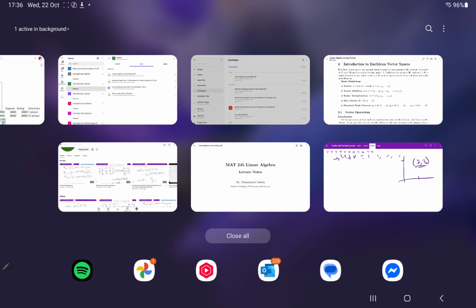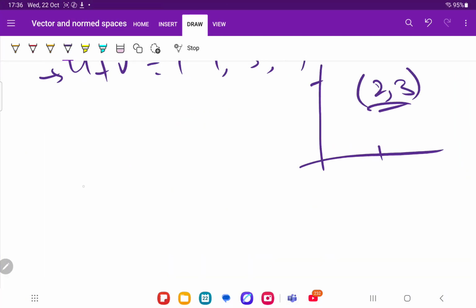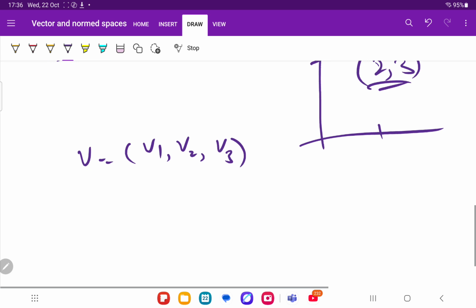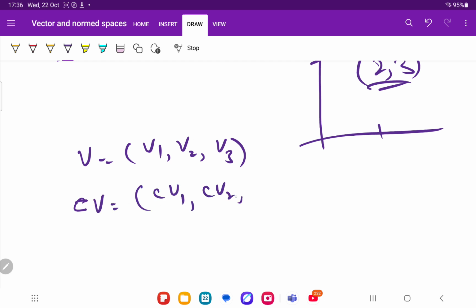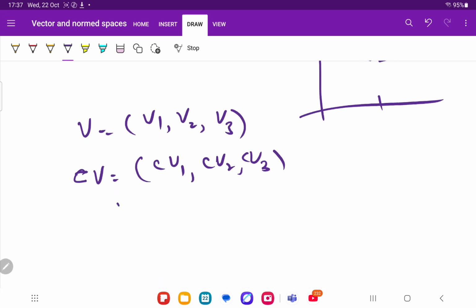If we multiply a vector with a number, for example, if v is equal to v1, v2, v3, I'm just considering 3 dimensions, then cv means cv1, cv2 and cv3. So c will be multiplied to all the elements of that vector. c could be any number.